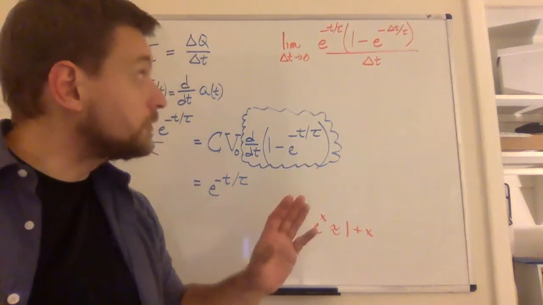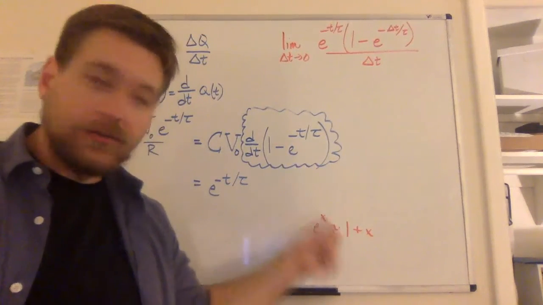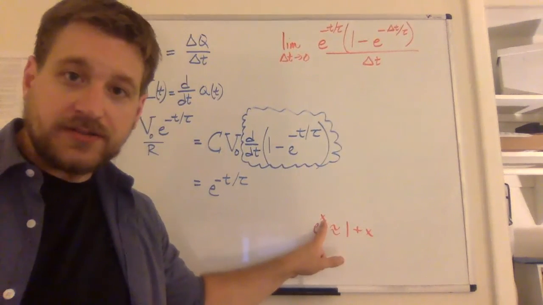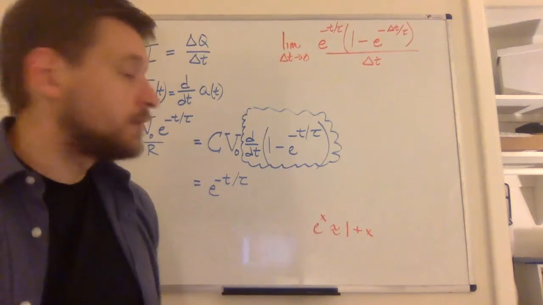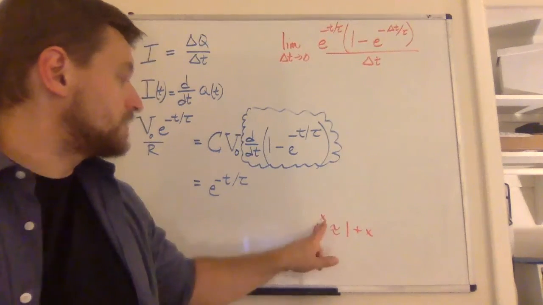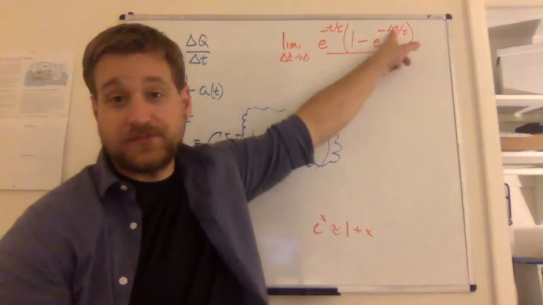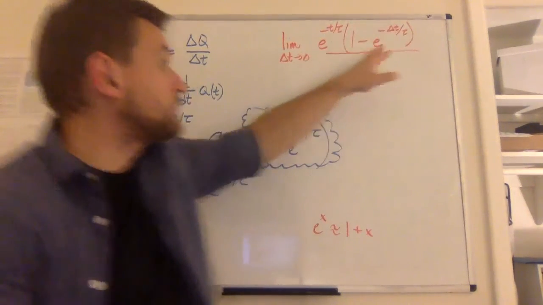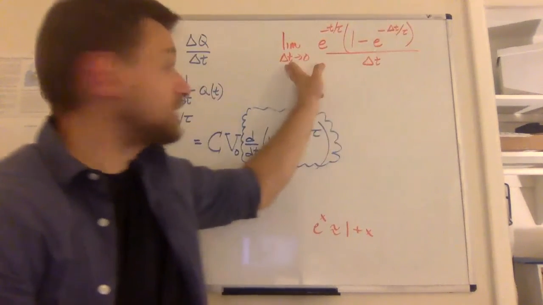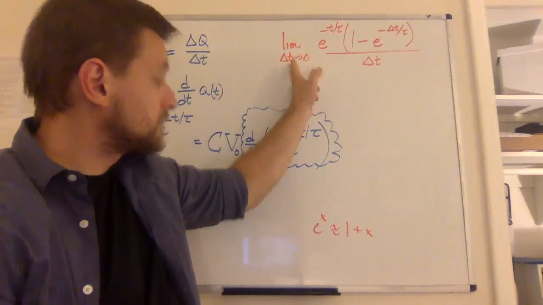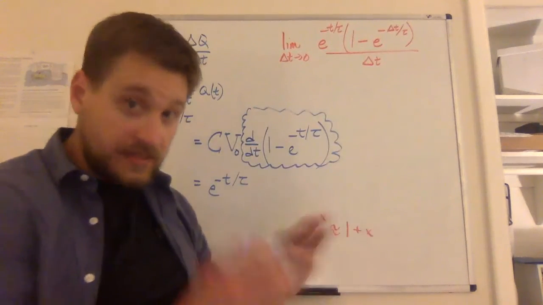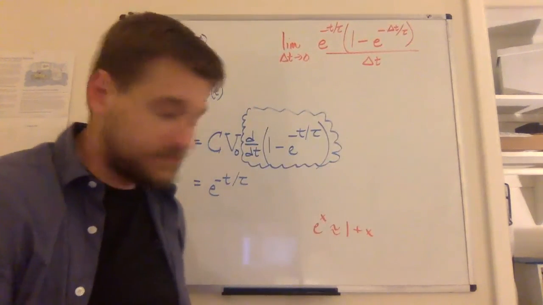It's good for very small values of x, pretty close to 0, which is exactly the kinds of values of x that I'm talking about. The exponent here is very, very small because delta t is very, very small. So this is actually a good approximation.